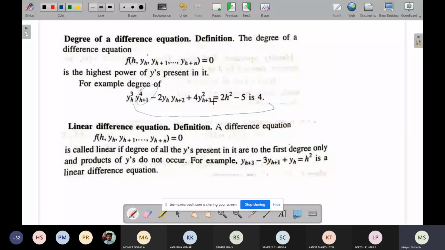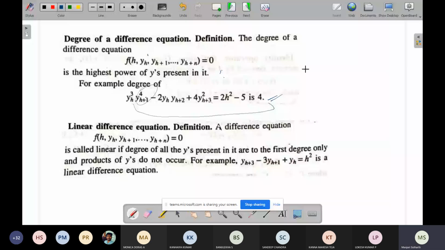We are not talking about the largest argument and then its power. In a differential equation we searched for the highest order and then its power. Here simply search for the highest power of y. You cannot conclude it by the argument which is the largest and then its power. So its value is 4.